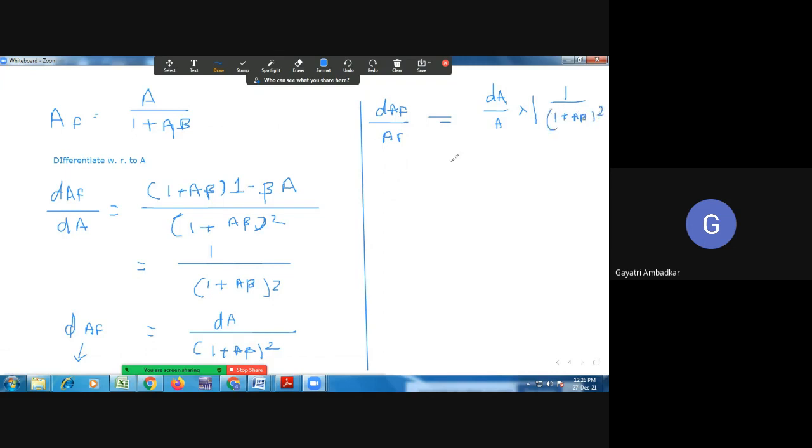So changes in the amplifier after applying feedback get minimized as compared to changes without feedback.